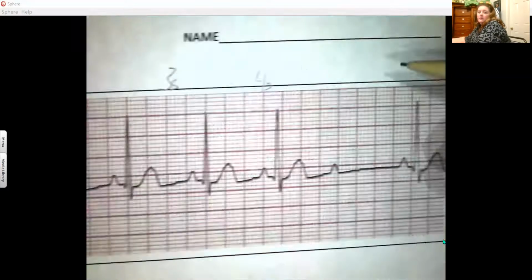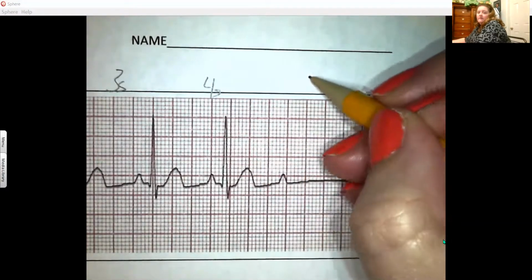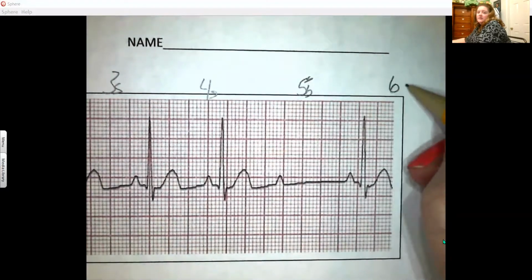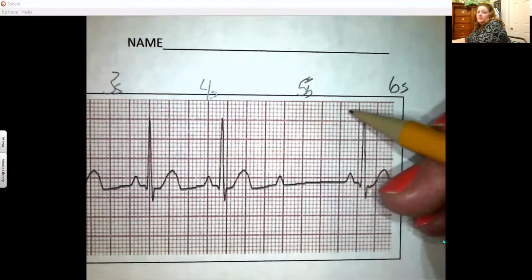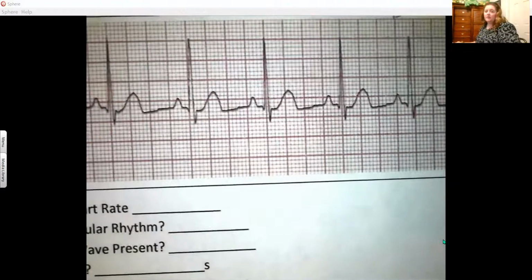And then this would be 6 seconds. Okay, so we have our 6-second strip.